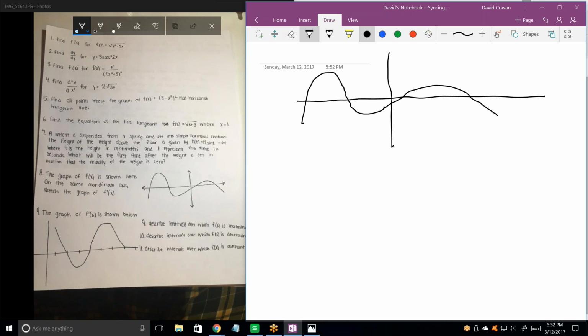So this is y and x. Right below it, immediately below it, I'm going to draw y prime and x.